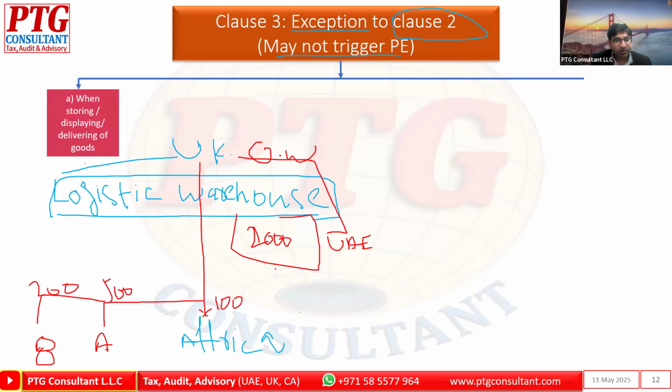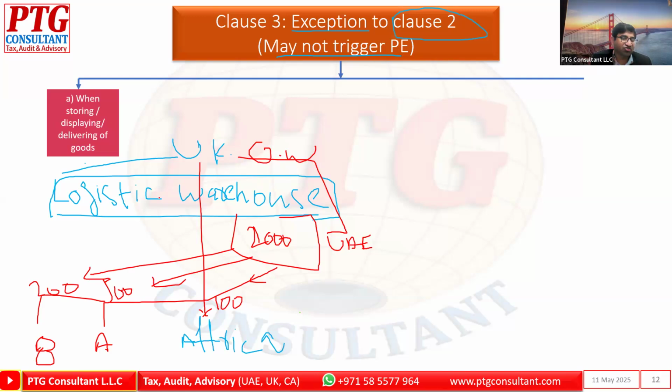Now from here they will say, okay, process 100 units to this customer, 500 to this customer, another 200 to this customer. The logistic warehouse will split the order as instructed and deliver. Are the goods owned by this logistic service company? No, the ownership remains with the UK company.